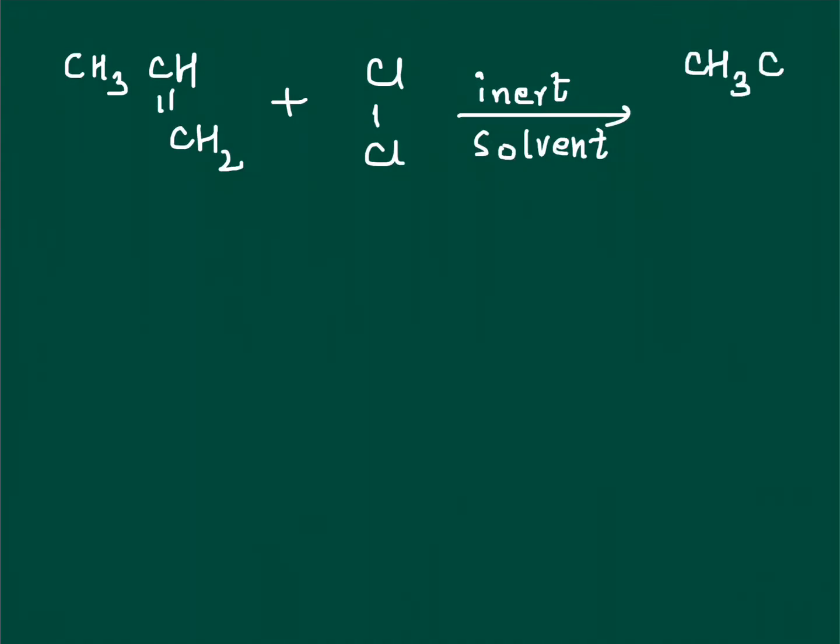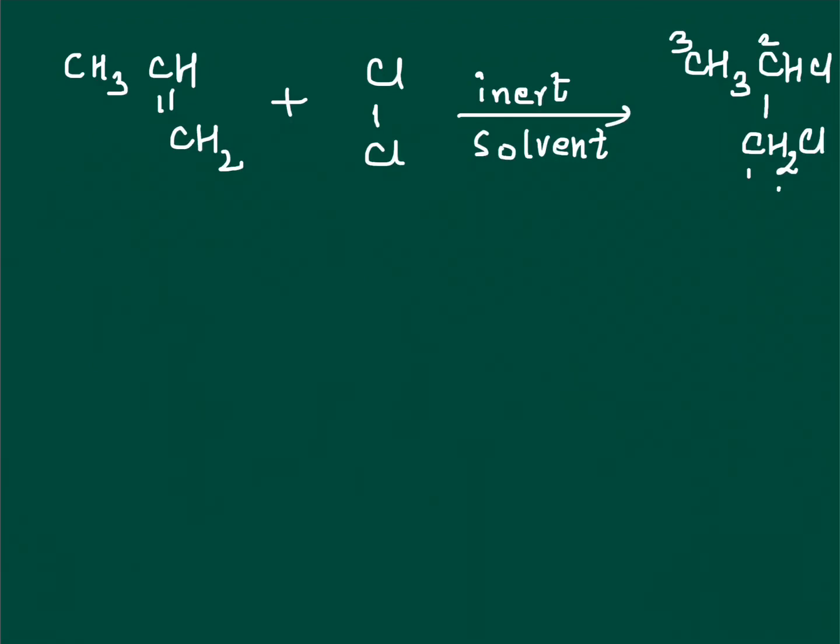So you have CH3CHCl single bond CH2Cl. You can name this compound 1, 2, 3, correct? 1,2-dichloropropane. Is it right? Can you check and let me know?